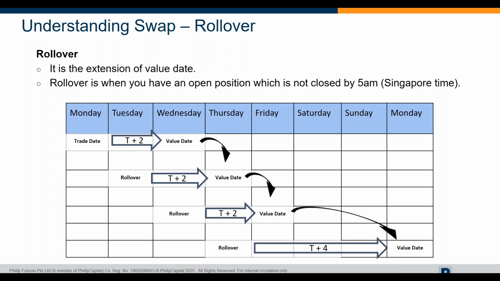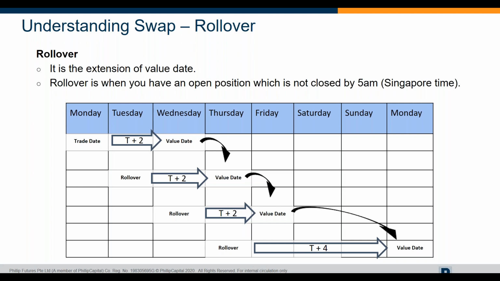It happens when you have an open position which is not closed by 5 a.m. in the morning. Why 5 a.m.? We may be reminded of the trading sessions that we talked about just now. After the New York session, which ends at 5 a.m., it is the start of the new trading day. So if you hold a position up to 5 a.m., there will be a process called rollover, where the broker opens and closes your trade at the same price to extend the value date.